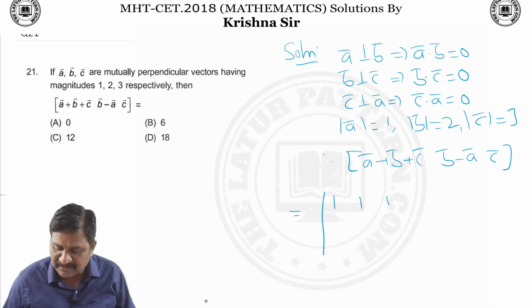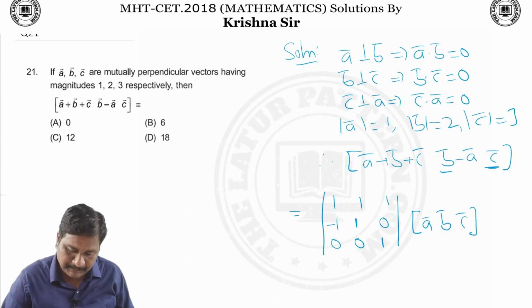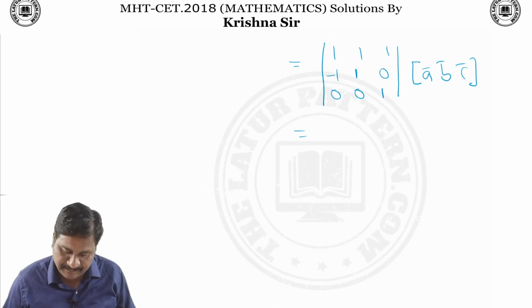Second vector: A bar coefficient minus 1, B bar coefficient plus 1, and C bar coefficient 0. Third vector: A bar 0, B bar 0, C bar is 1. And you multiply by box ABC.